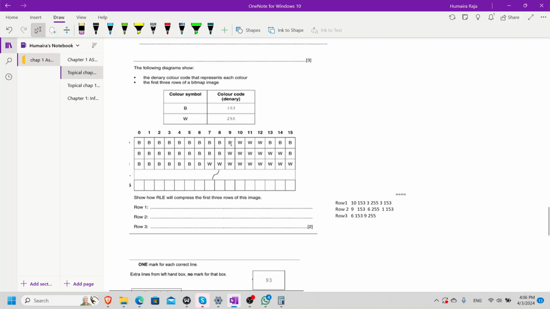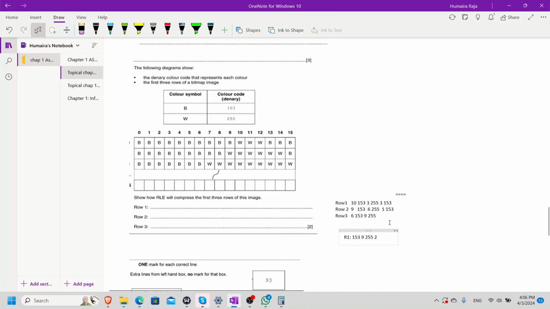I will get 9. So the alternative is that for row 1, you can write 153, its equivalent code first, and then the value for b will be 9. And then 255, the code for white, and how many values? There are 3 values, but because we are considering the numbering from 0, I will write here 2.